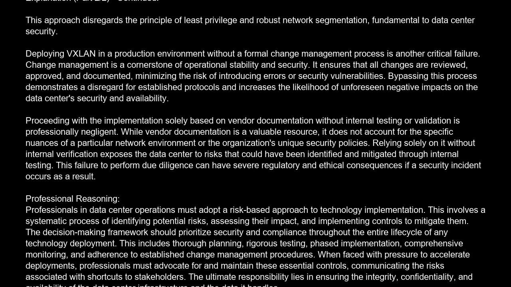This includes thorough planning, rigorous testing, phased implementation, comprehensive monitoring, and adherence to established change management procedures. When faced with pressure to accelerate deployments, professionals must advocate for and maintain these essential controls, communicating the risks associated with shortcuts to stakeholders. The ultimate responsibility lies in ensuring the integrity, confidentiality, and availability of the data center infrastructure and the data it handles.